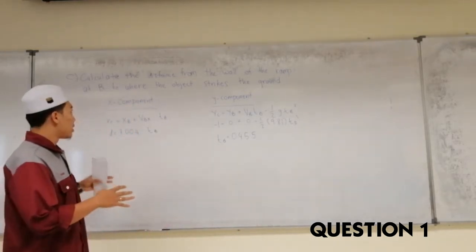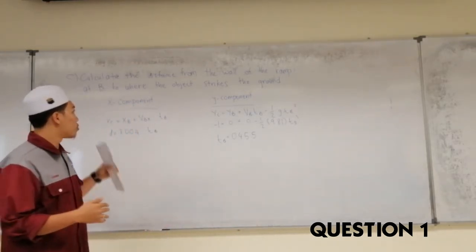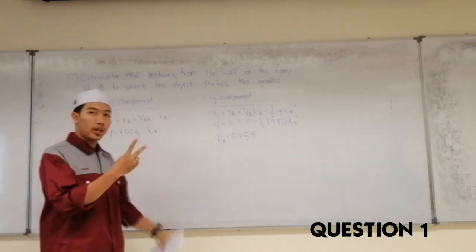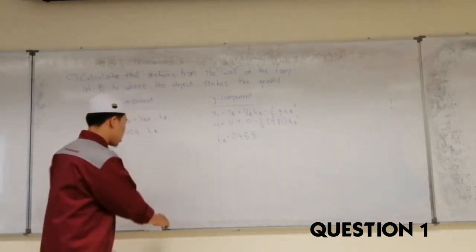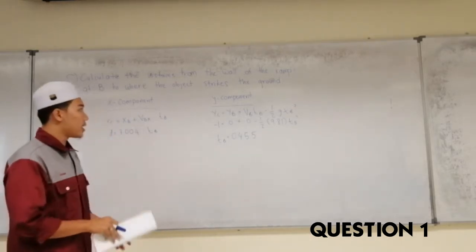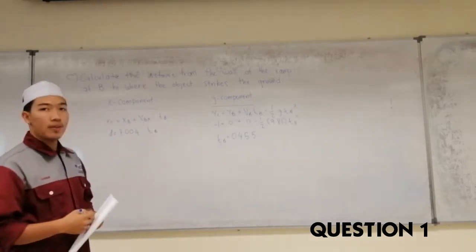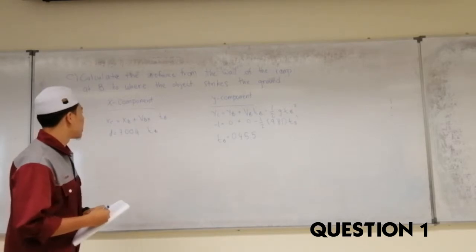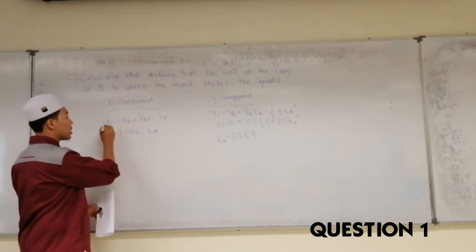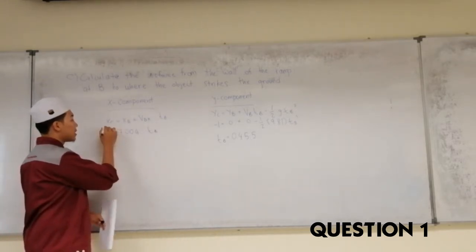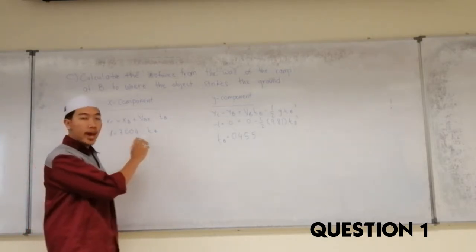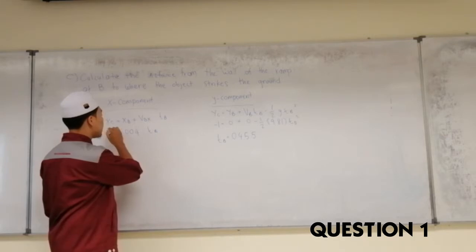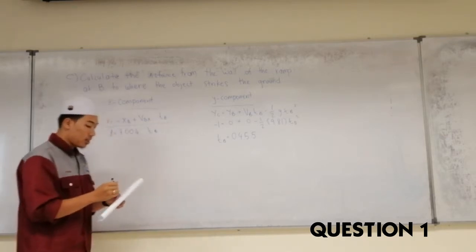First of all, for this question we have to calculate two components, the X component and the Y component. To calculate the X component, we use the equation XC equal to XB plus VBX times TB.